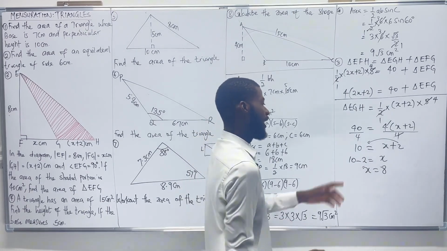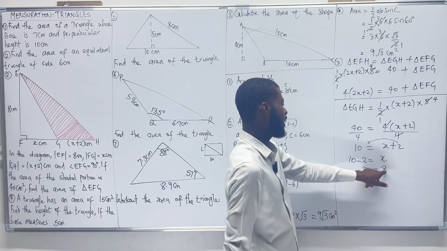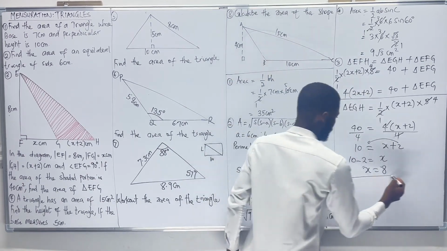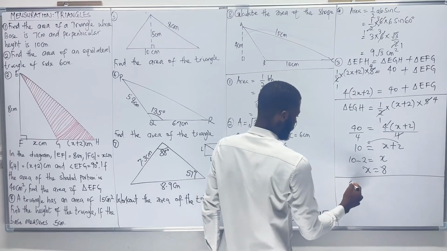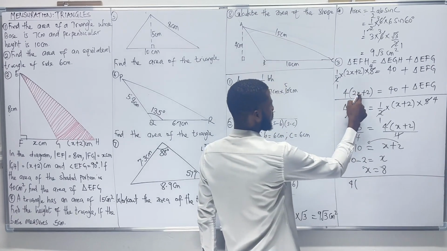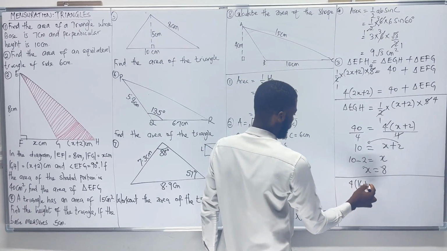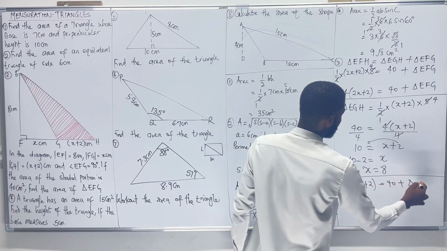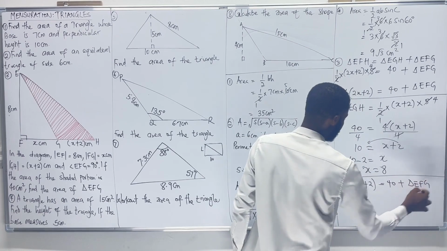Now let's continue. We're going to put this 8 into this expression. So this will be 4 bracket 2 times 8, which is 16, plus 2, equals 40 plus triangle EFG.